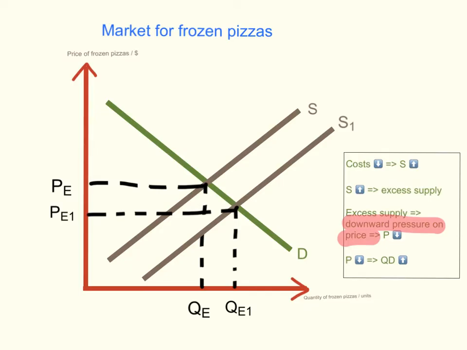At the same time, the gradual fall in price will give consumers an incentive to consume more until the market reaches a new equilibrium. So equilibrium price drops from PE to PE1, and the equilibrium quantity increases from QE to QE1. And we reach a new equilibrium point, which is the intersection of D and the new supply curve S1.